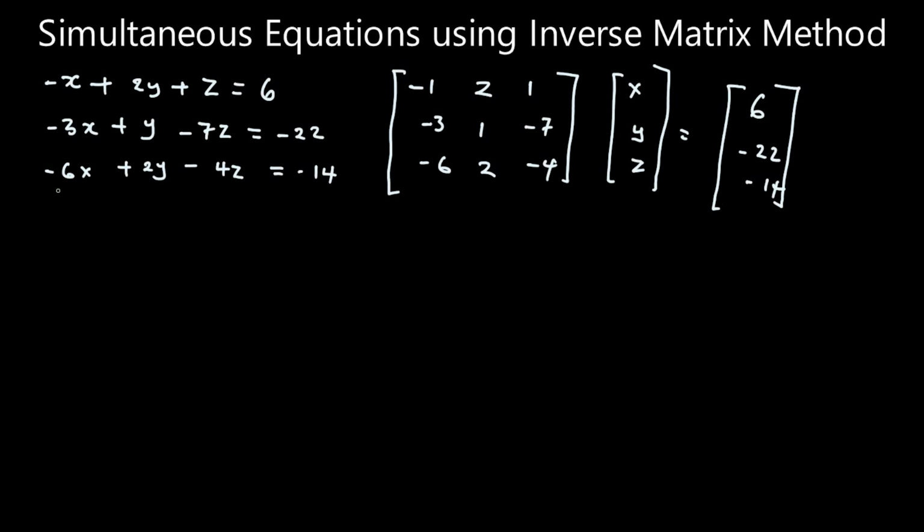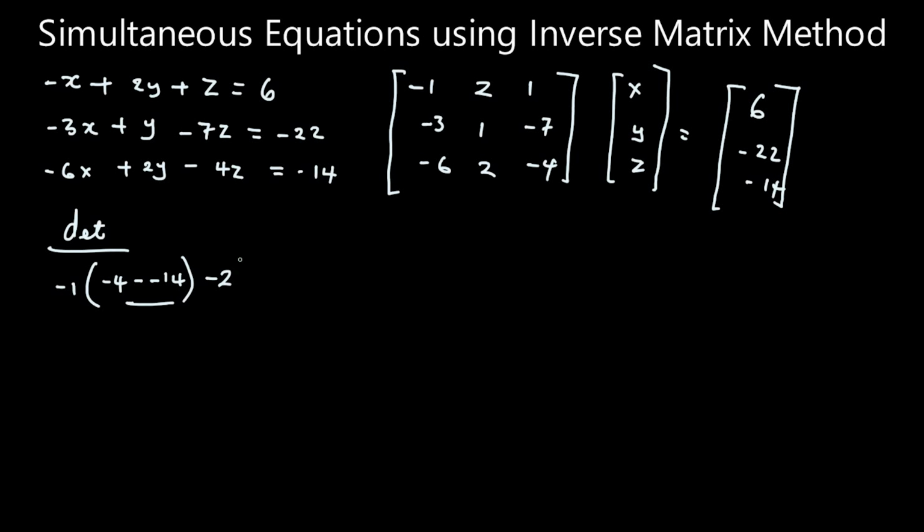Now for us to get the first thing, remember we are getting the determinant. So for the determinant in this case, we'll have minus 1 into, then we'll have minus 4 minus 14. That is, if you close down the row and the column and solve out this one, this is what you get. You can take time and confirm.